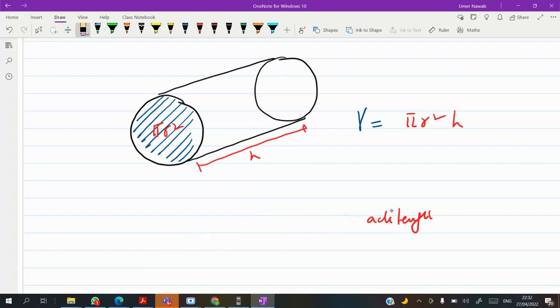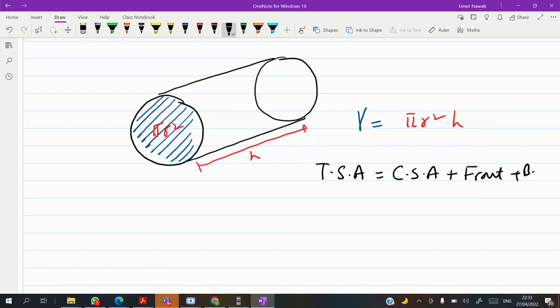Now, what about the surface area? Basically I will use the word total surface area. Why total surface area? Because this shape has three parts: curved surface area, plus front, plus back. For the curved surface area, you need to find the perimeter, which is the circumference, and that is 2 pi r.